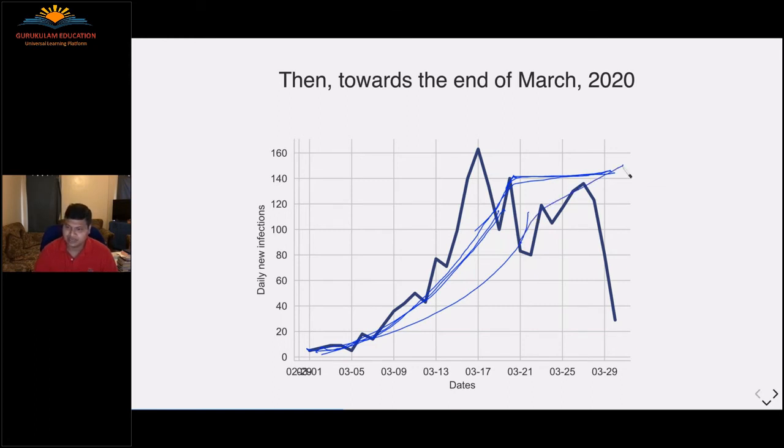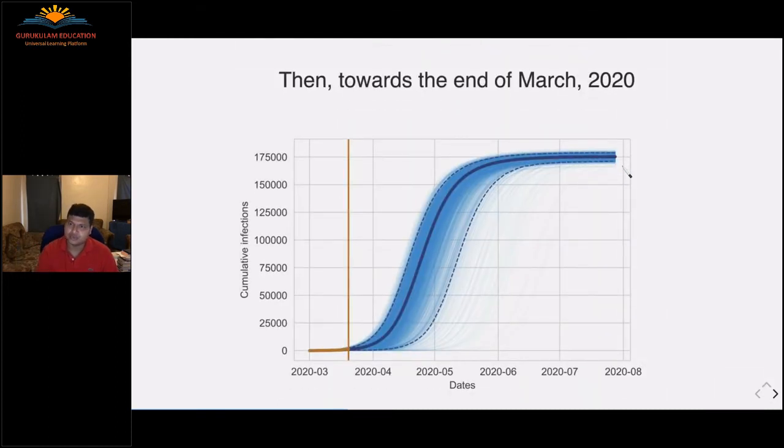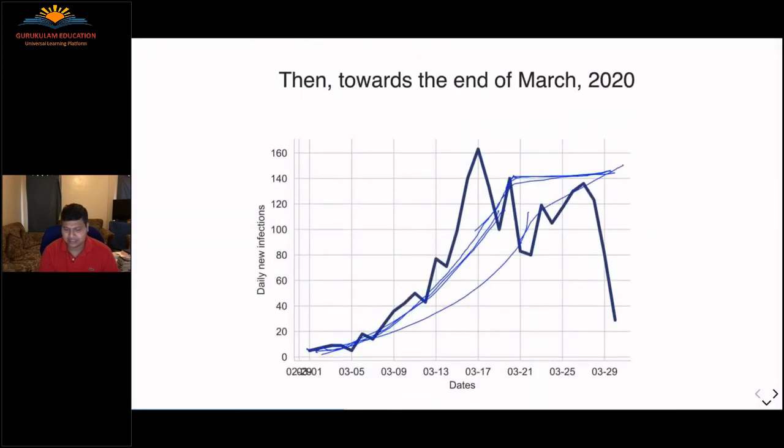So we needed to revise our estimates. So now from more than 200K, we were back to 175K. We were still not sure whether this phase was actually real or due to some sort of testing delay or something like that.